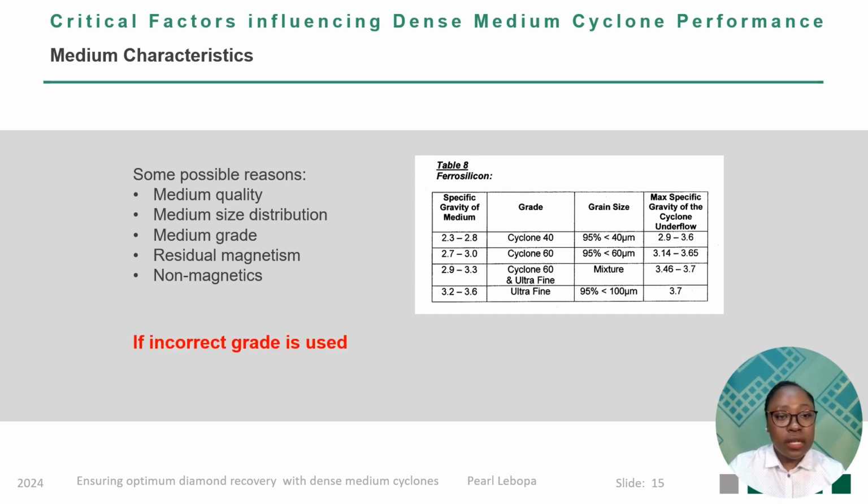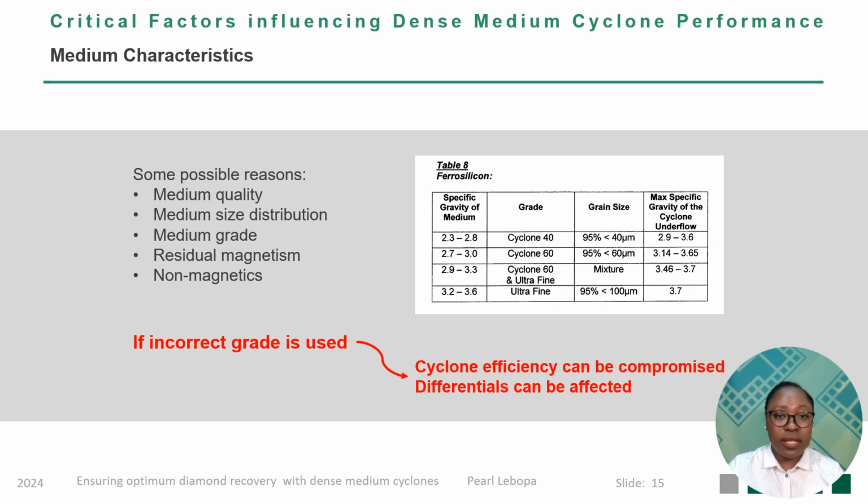If an incorrect grade is used in your dense medium separation, your cyclone efficiency can be compromised, and your differentials are going to be affected.